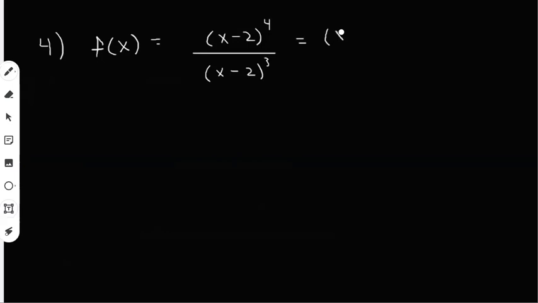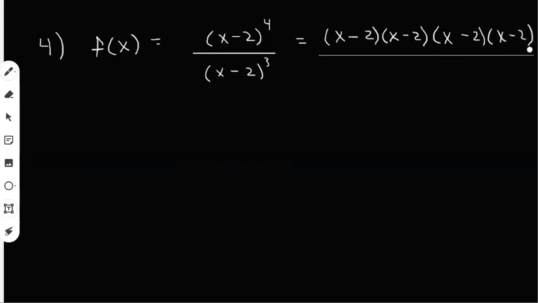I can expand this on the top if I have enough room. I've got to write 4 of these. And then on the bottom, since I have 3 of these, I'm going to write it 3 times. So I'm just expanding this out. That's all I'm doing. Not changing anything to it.